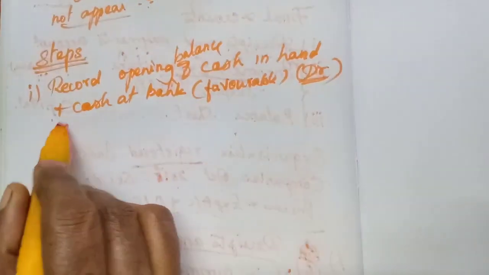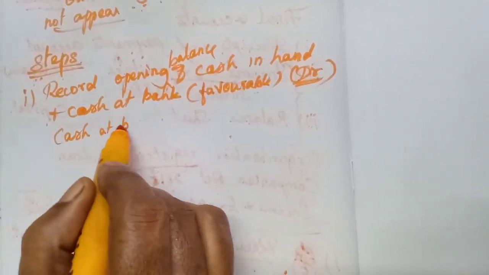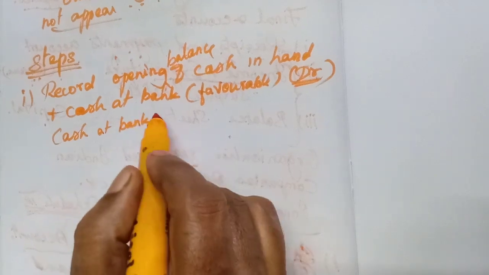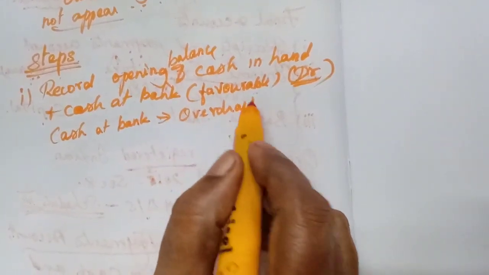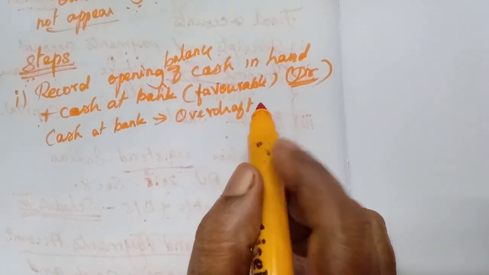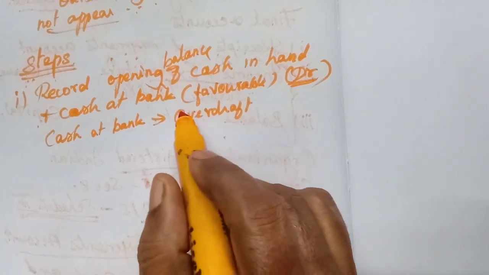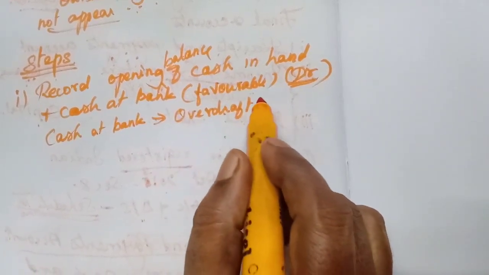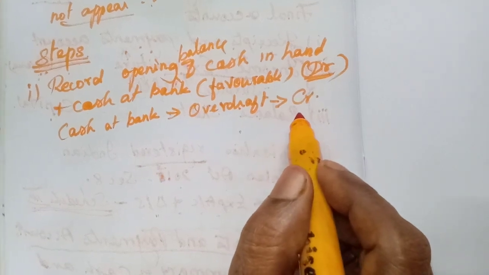Understand? If cash at bank is overdraft, there is no cash at bank; instead we have only overdraft. If they give a credit balance for cash at bank, that is overdraft. This will be recorded on the credit side of the receipts and payments account.